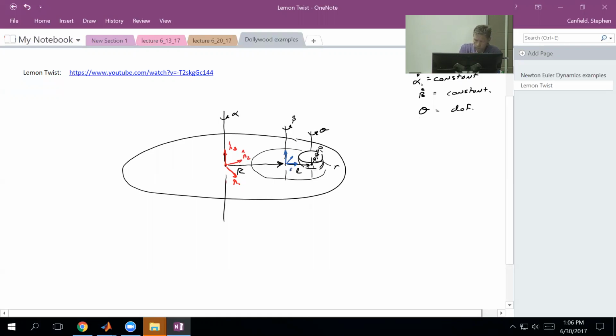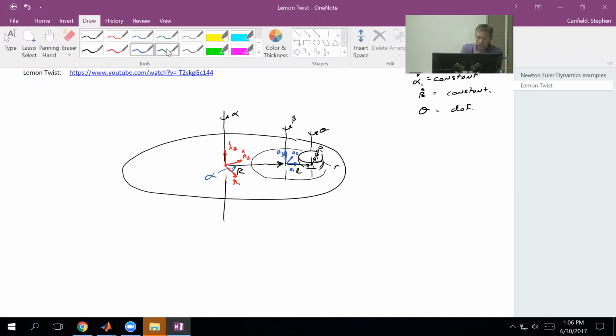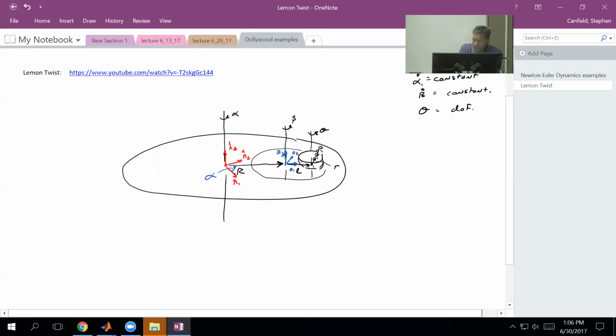I call this frame A, so that'll be my A1, A2, A3. First I have a rotation around the N3 axis by my alpha. Next I have a rotation around my A3 axis by some beta.